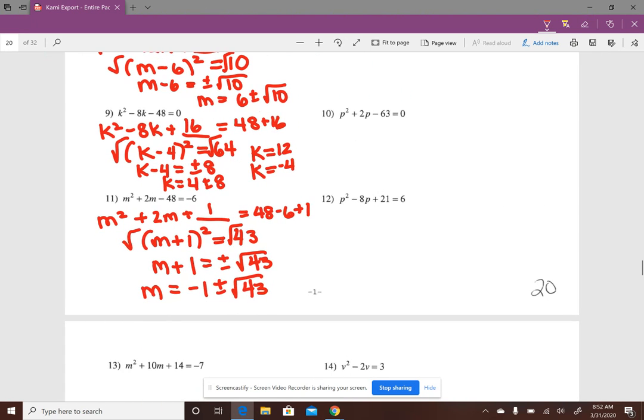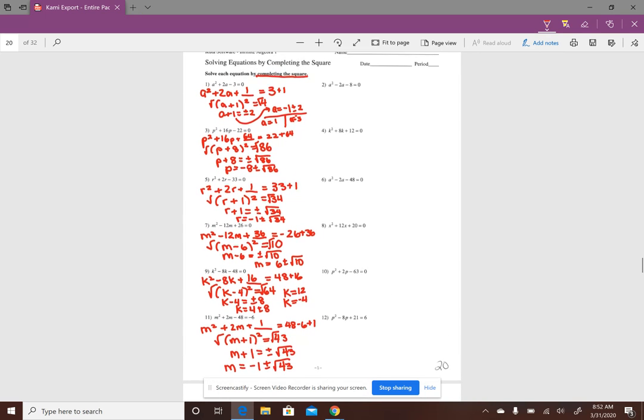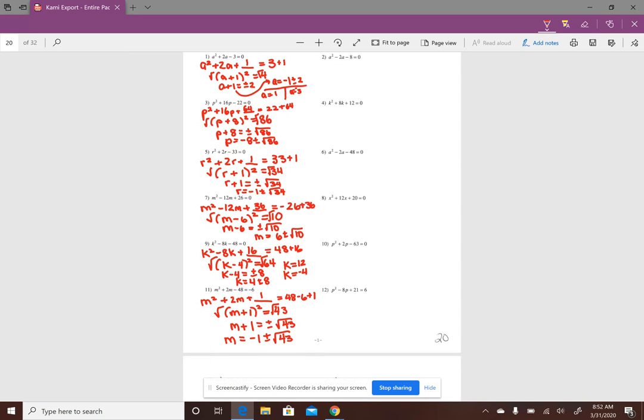All right, so I'm going to make this smaller so you can see the whole page. I hope I didn't make it too small on you. But here's the answers that I have. For 1, I have 1 comma negative 3. For 3, I have negative 8 plus or minus the square root of 86.